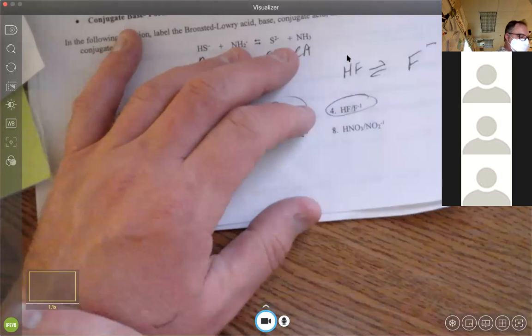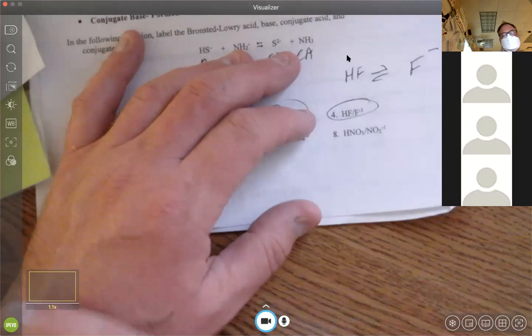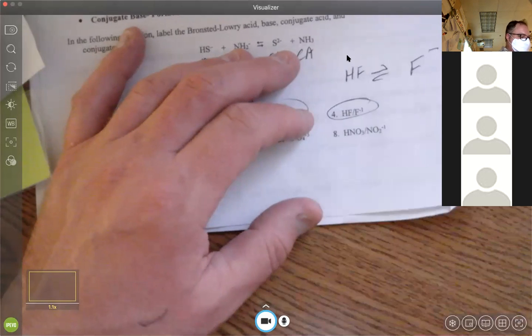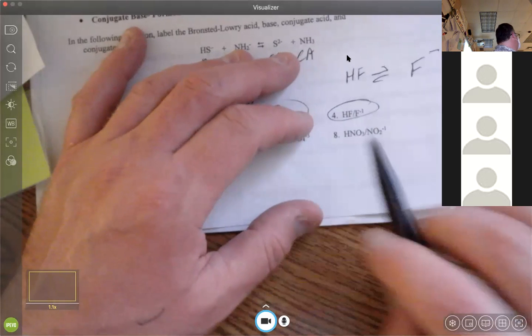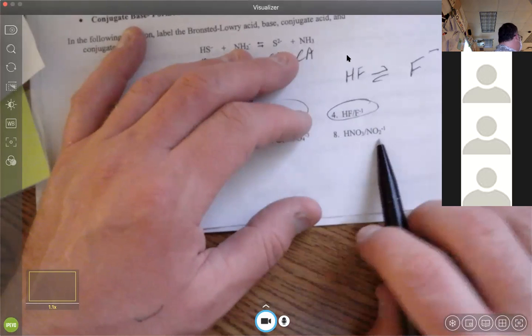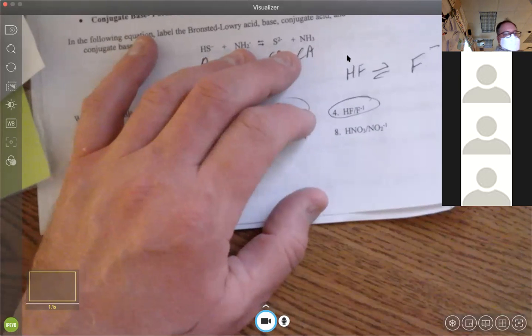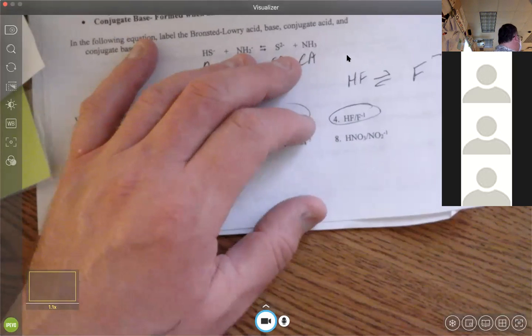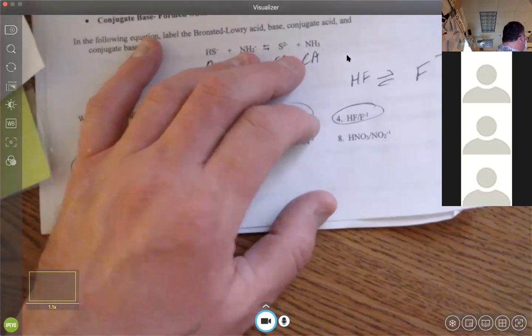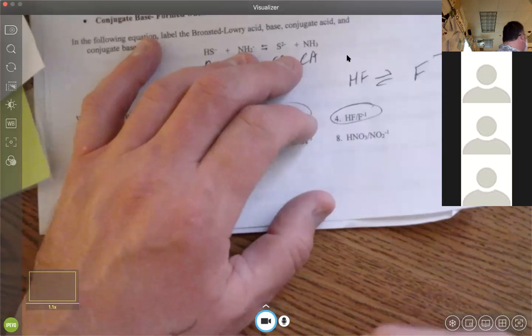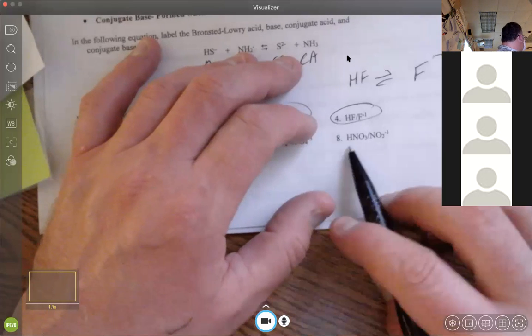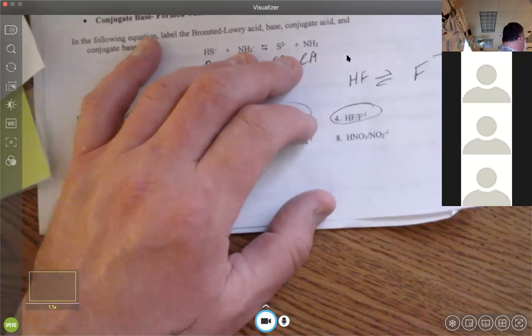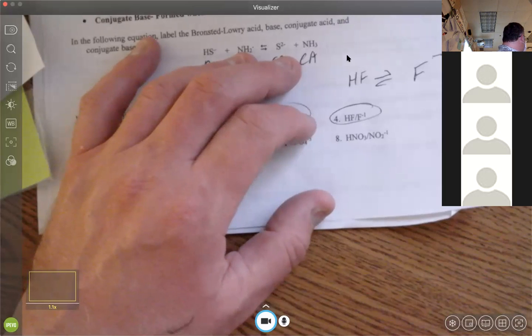How about this? HNO3 becomes NO2 negative. Is the only difference between HNO3 and NO2 an H? Well, the charge is part of that H. Is there any other difference besides the H and the charge? Just like those define-what's-wrong-with-this-picture things, they give you a picture and then you just look.